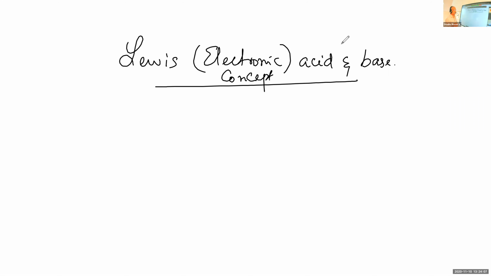There are certain molecules or ions which are electron deficient, and they can accept electron pairs. And the electron pair acceptors are acids. That is the electronic concept. Electron pair acceptors are Lewis acids.